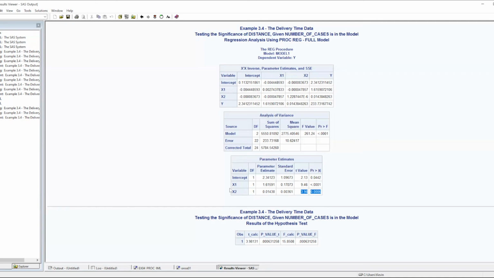In the row corresponding to the variable x2, it's doing that t-test. So we really don't have to roll our own in this case. SAS is giving us this result for free, essentially. But that's how you do it.